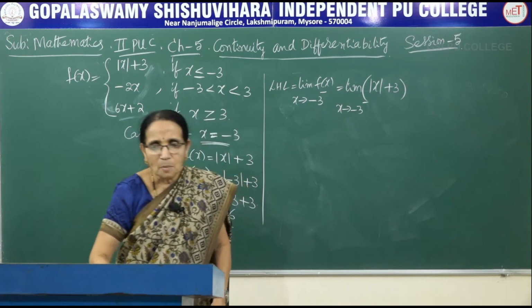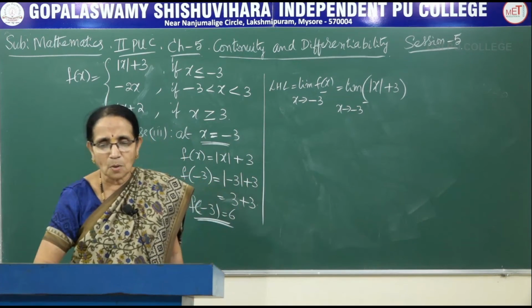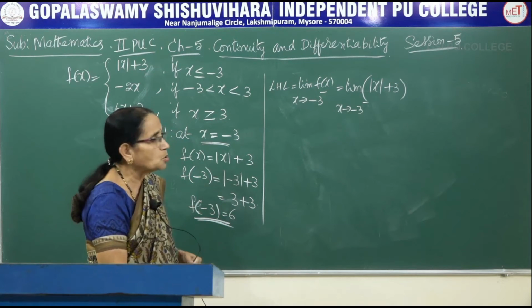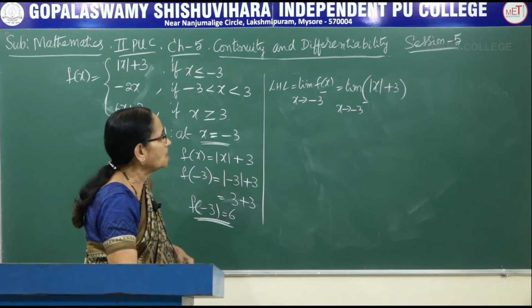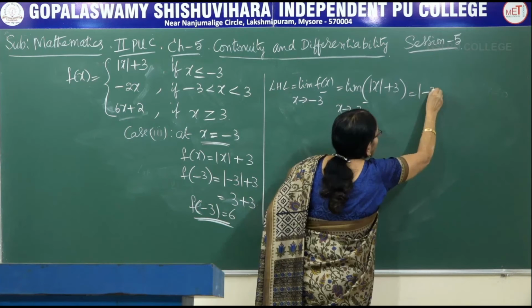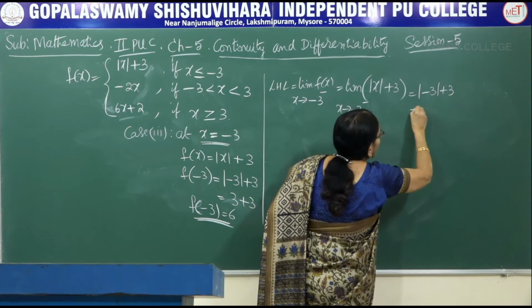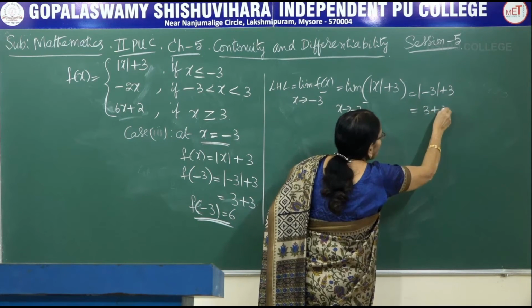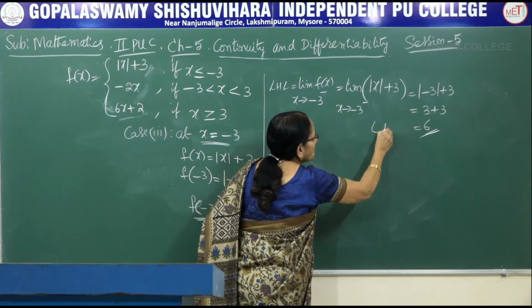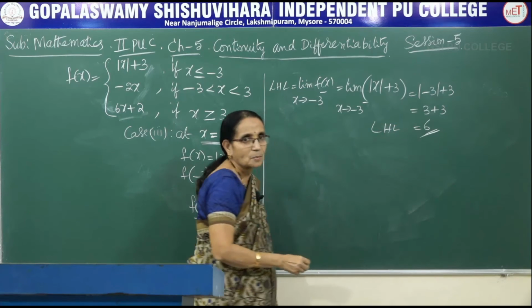Now, you have to substitute the value minus 3 for x there. So this would be modulus of minus 3 plus 3, that is 3 plus 3, that would be equal to 6. That is nothing but the left hand limit.